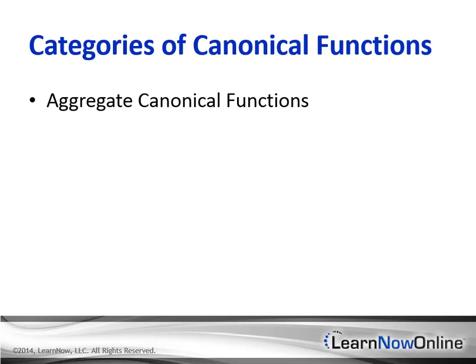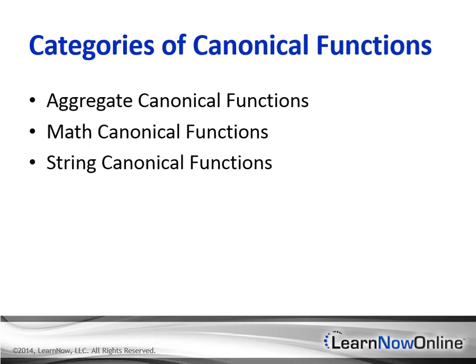So there's the aggregate canonical functions, and this includes things like average, count, max, min, and standard deviation. There's the math canonical functions, which includes absolute, ceiling, floor, round, and truncate. The string canonical functions, which includes concat, contains, ends with, index of, left, length, and various trim functions.